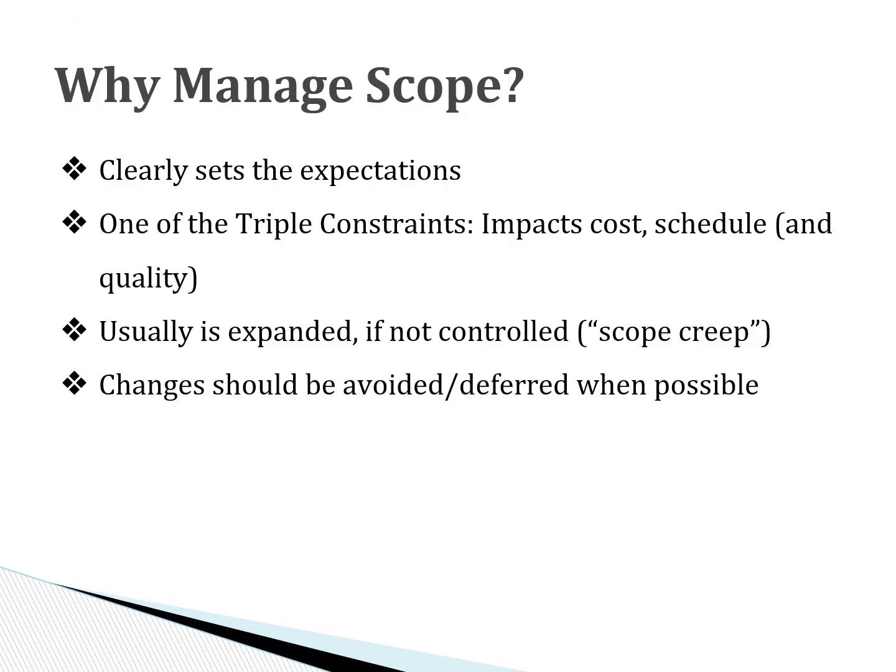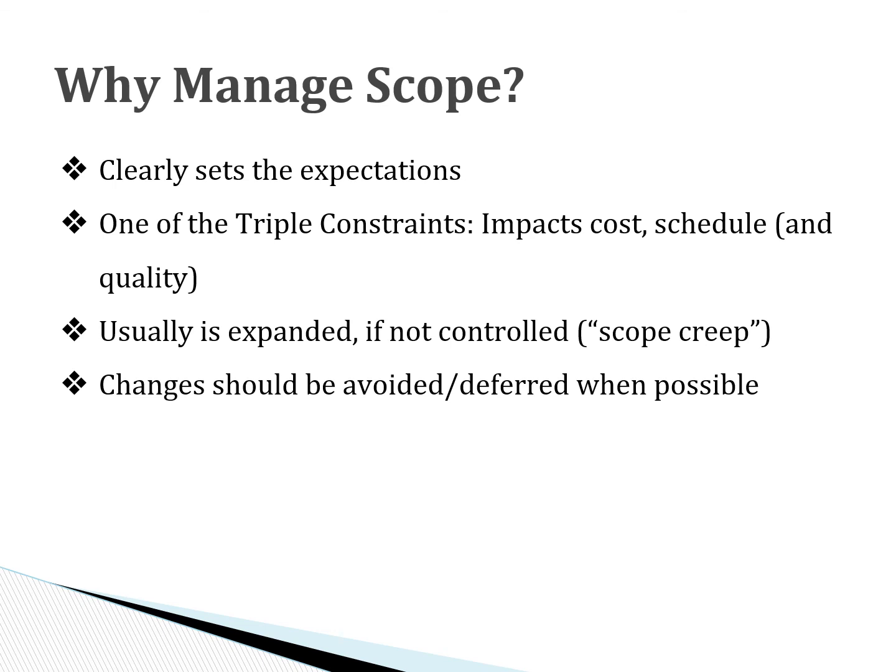So why is scope management so important? Why is it that we are talking about it as the first management process in the project management discussion? Well, scope establishes expectations for the project among stakeholders, so it's important to establish a clear and realistic expectation.